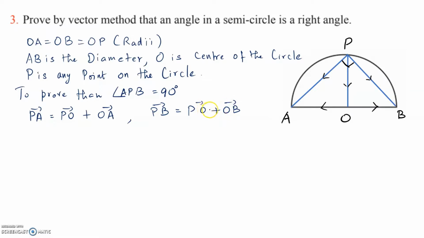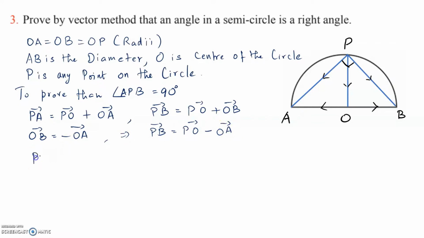But we know that vector OB is equal to minus vector OA because they are in the opposite direction but the same magnitude. So we can say our PB vector is equal to PO vector minus OA vector.